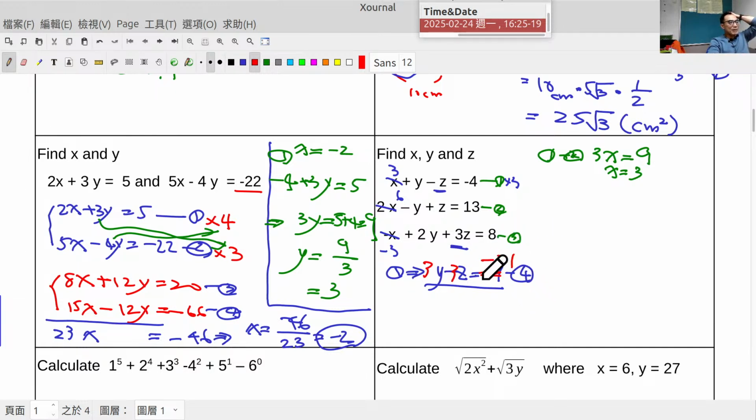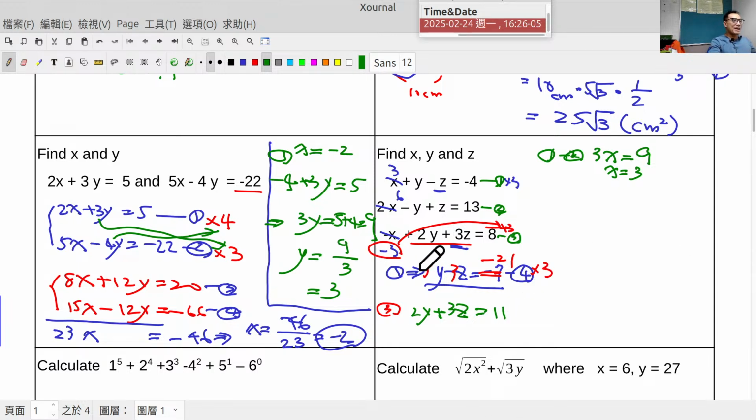Equation 4 multiplied by 3 gives 3y minus 3z equals minus 21. I combine with this one: 2y plus 3z equals 8. Minus 3 becomes plus 3 here, that is 11.